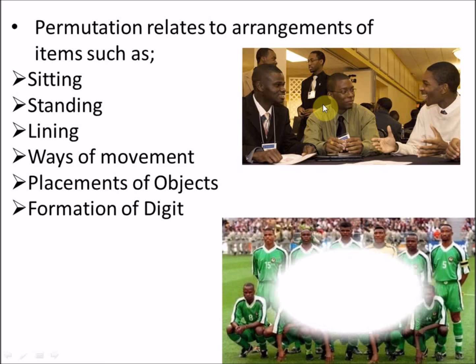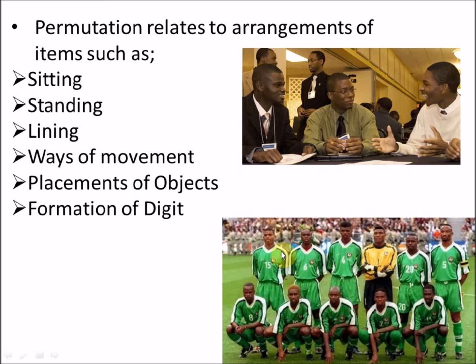Another example is this Super Eagles squad of 1998 with our stars here: Kanu, Taribo West, Sunday Oliseh, and JJ Okocha. There can be a question on how to arrange four of them from this 11-man squad in four particular positions. So this is what permutation is about.